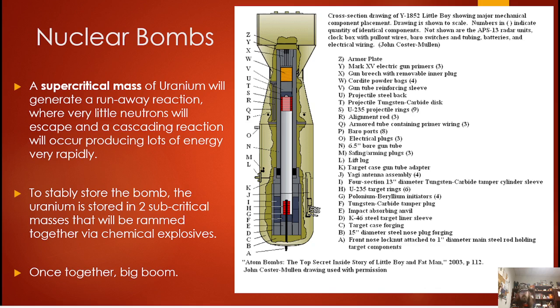Now, of course, when everyone thinks of nuclear chemistry, they think of nuclear bombs. What makes a nuclear bomb different from a nuclear reactor? The basic idea here is a nuclear reactor is set so that it can remove the heat that's produced, and it is set to react and produce energy at a constant rate.